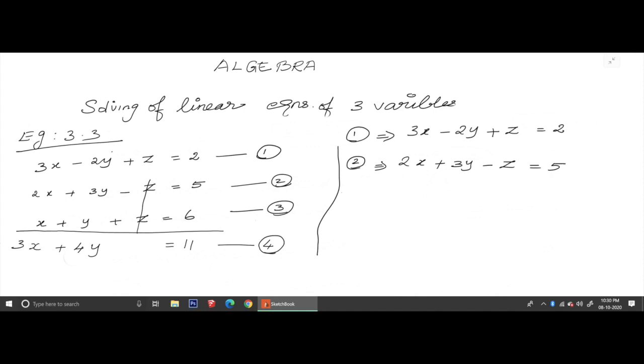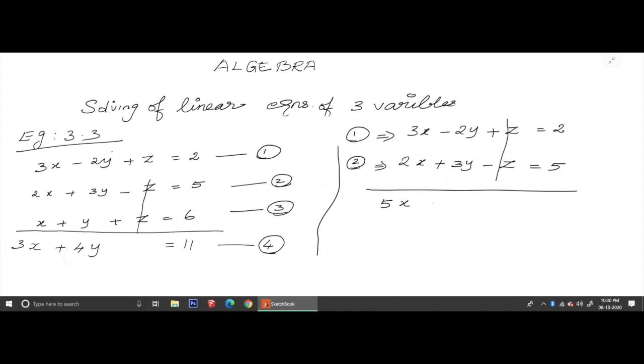And again, see here, I have to eliminate z, right? Then only I will be getting x and y. See here, in the first equation you are having plus z, and in the second equation you are having minus z. So when you add, these two get cancelled. So what is left? Sum up 3 plus 2, it is 5x.